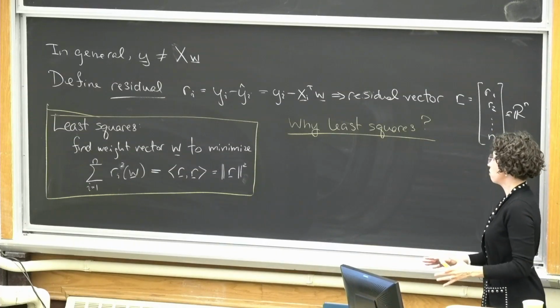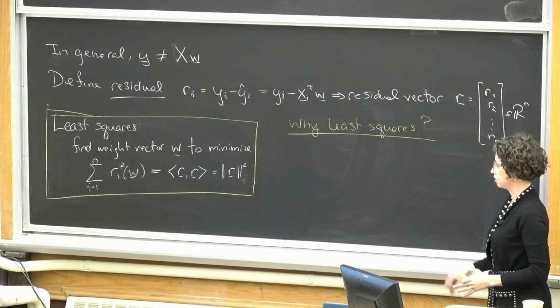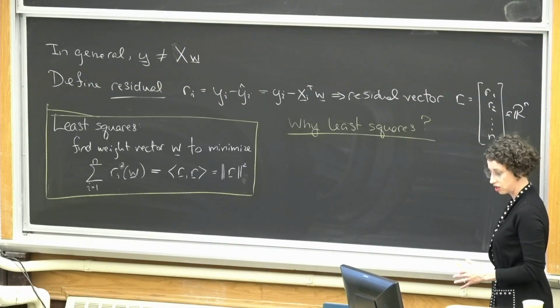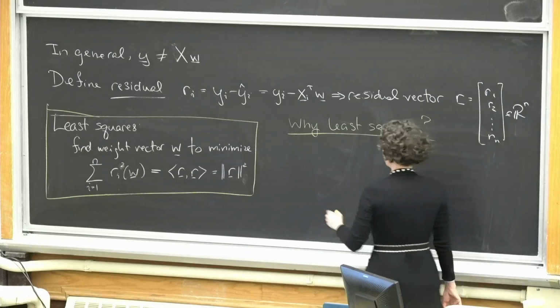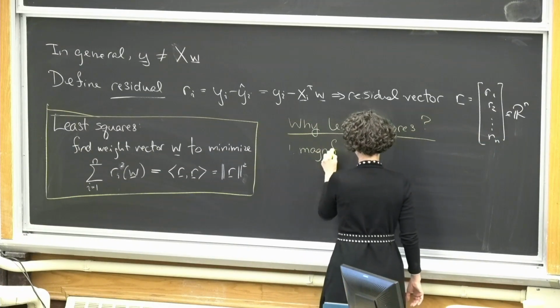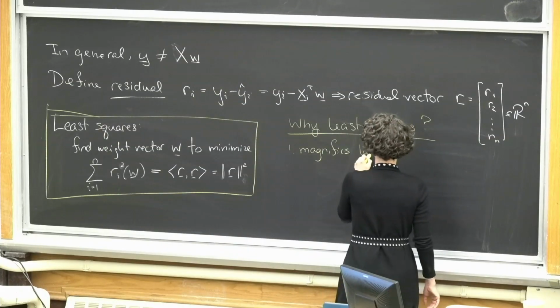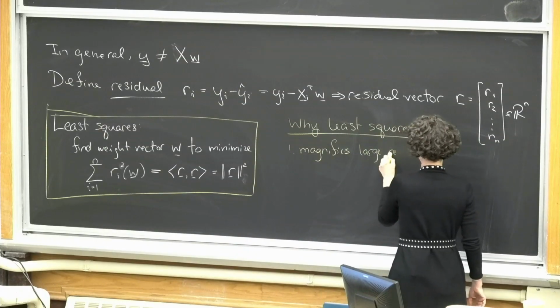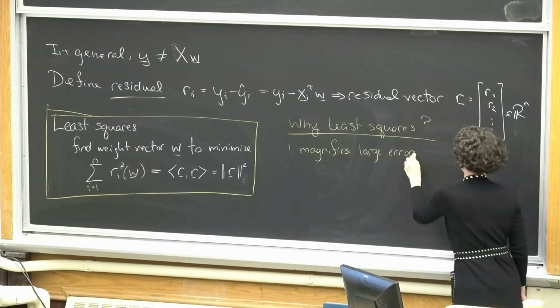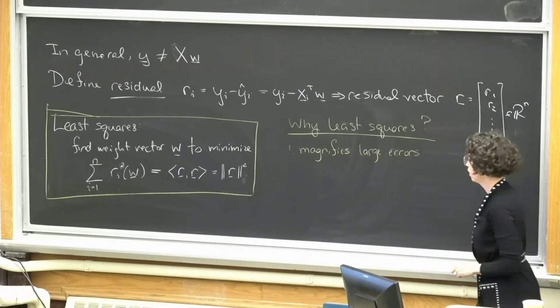Later in the quarter, we're going to talk about alternatives to this least squares formulation and why they have some advantages. But for now, this is a good starting point for a few reasons. One, it magnifies really large errors. So if I make a huge mistake, I'm going to pay more for it.